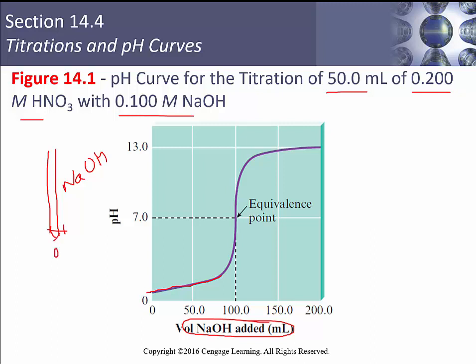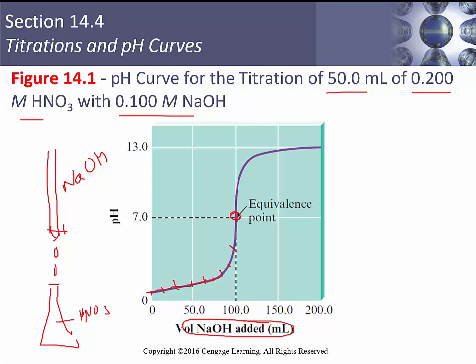It'll drip little drops in there, and we're going to put it into a flask containing our nitric acid. And as we add in, we're going to see the pH goes up as we're starting to neutralize our strong acid with our strong base. And then our pH will shoot up dramatically.